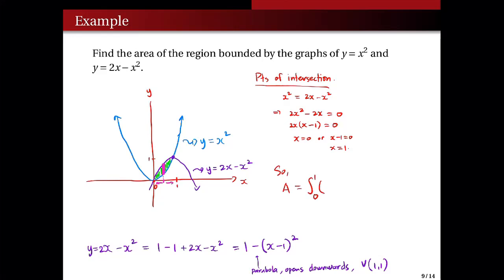On the interval 0 to 1, all throughout, the function above is y equals 2x minus x squared, and the function below is y equals x squared. So we have 2x minus x squared, minus x squared, and then dx.